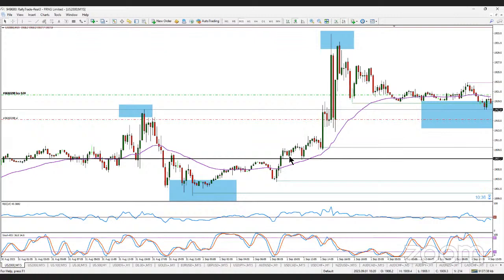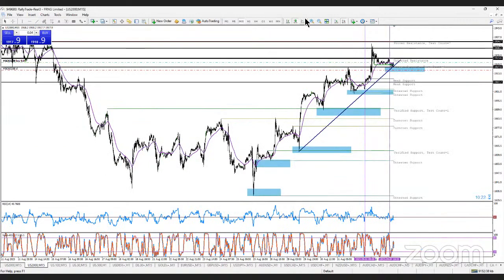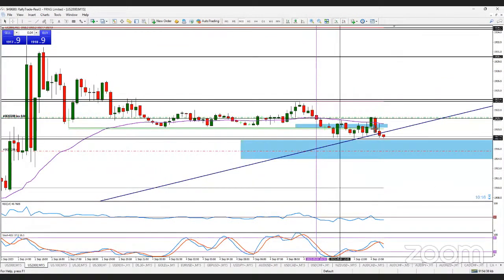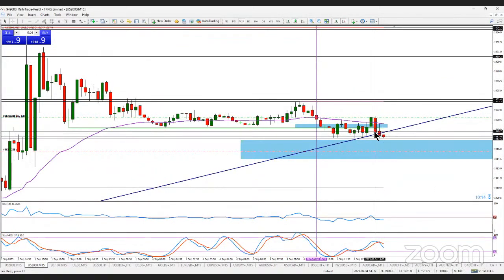If that is happening in an uptrend, when we should be looking for buys, that means we are waiting for a chance to buy. Look at what is happening here, or let's even say this particular candle. Can you see it?